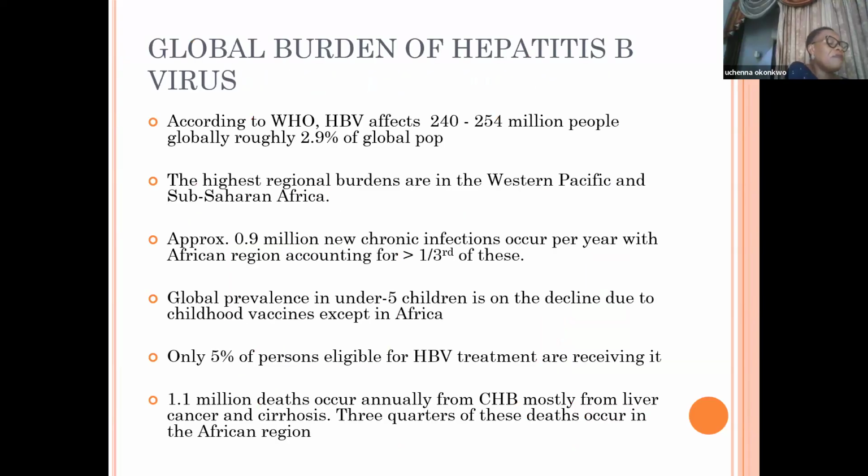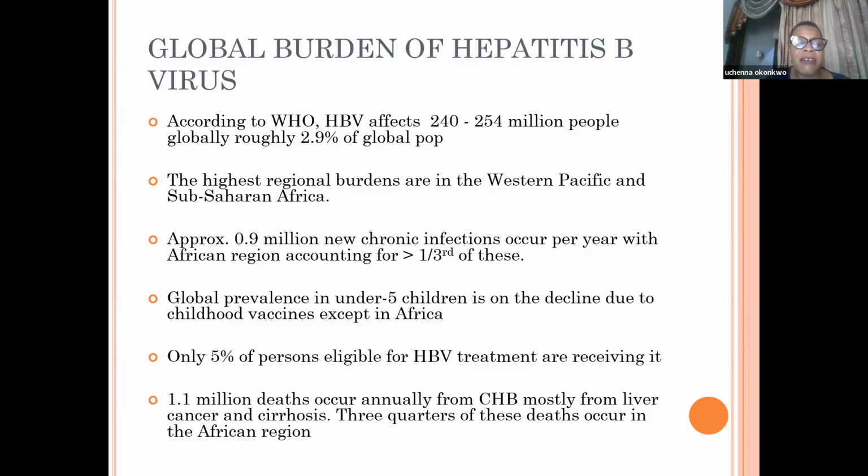So the burden of hepatitis B virus: according to the WHO, hepatitis B affects 2.9% of the global population, which is about 240 to 254 million persons. The highest regional burdens are in the Western Pacific and in sub-Saharan Africa. The Western Pacific region includes countries like China, Japan, Malaysia, Indonesia, and all that.